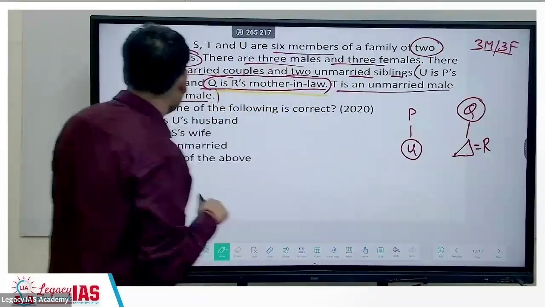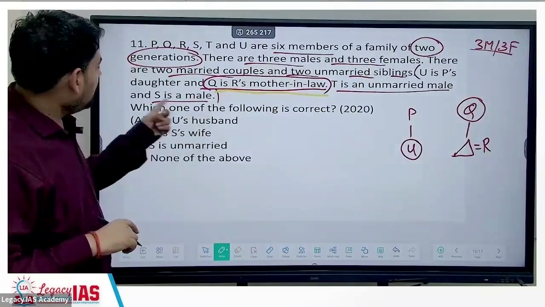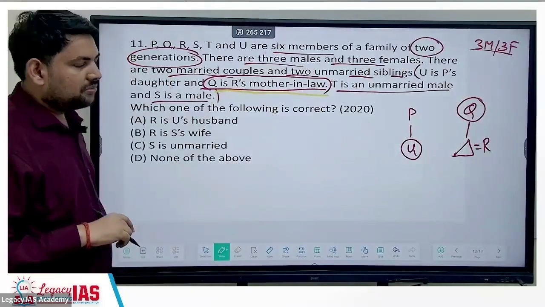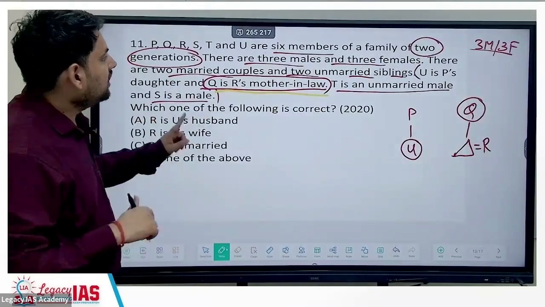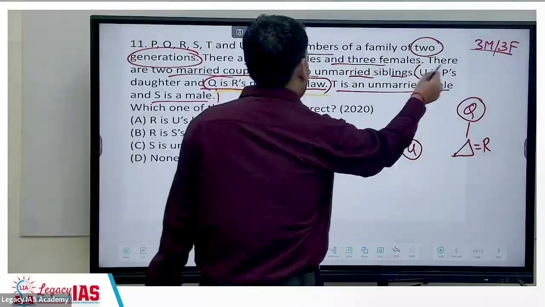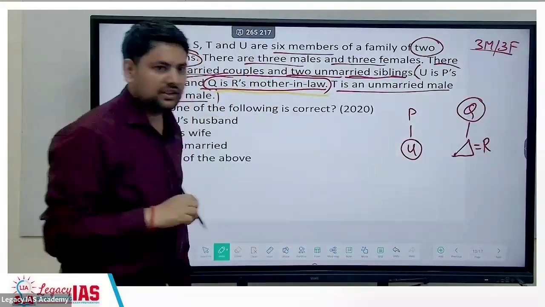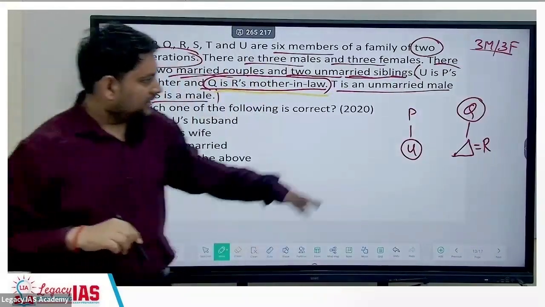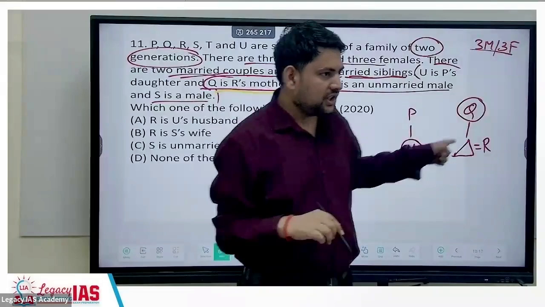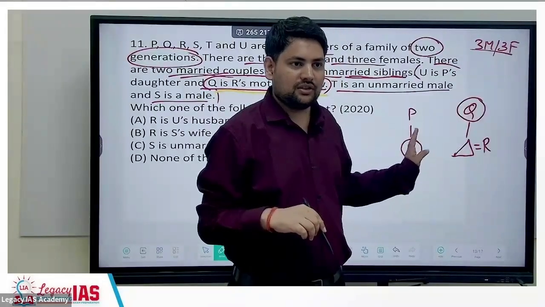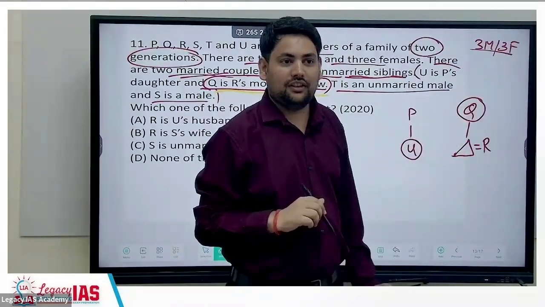And then T is an unmarried male and S is a male. Okay. Leave that. What is the other part? There are 2 married couples and 2 unmarried siblings. Now what I have told you, whenever you see someone have children, you just give them a spouse. Okay.